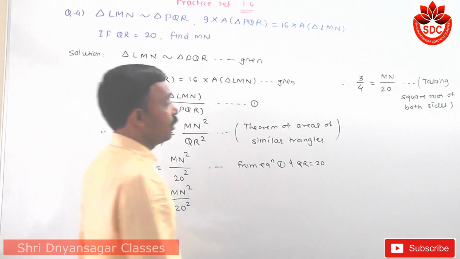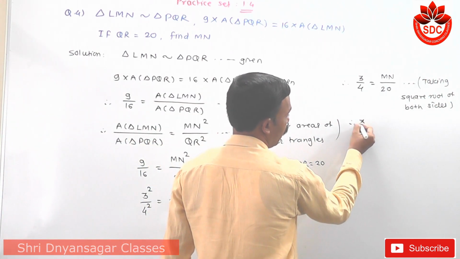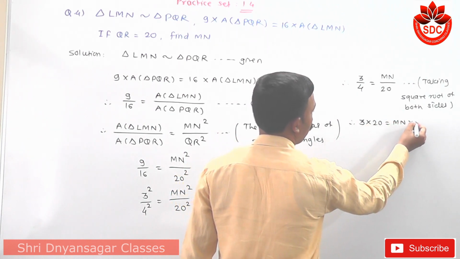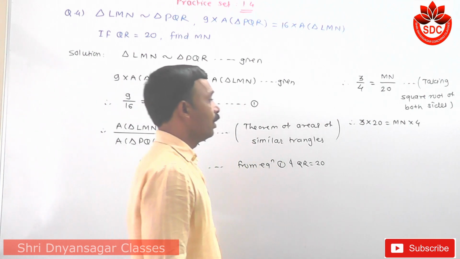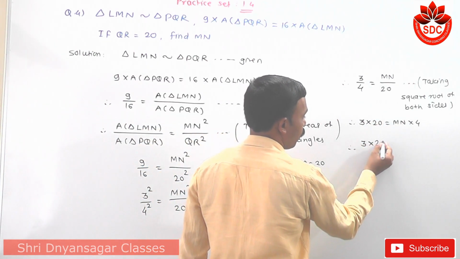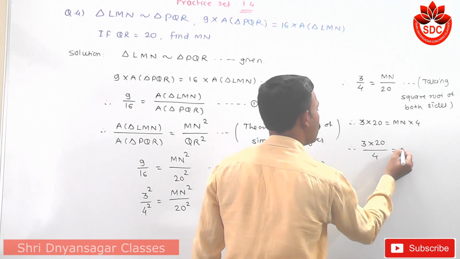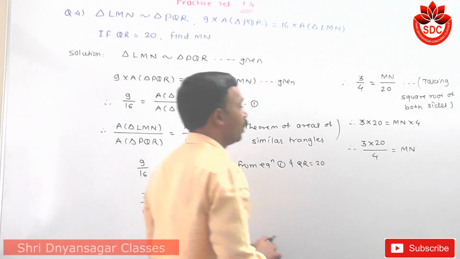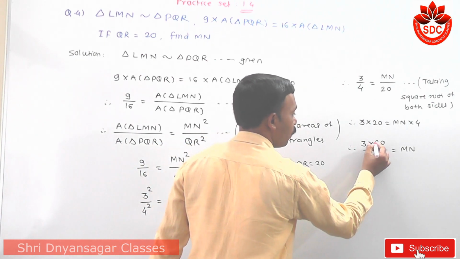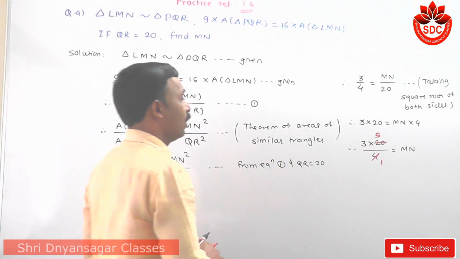Then by cross multiplication we get 3 into 20 is equal to MN into 4. Then this 4 goes to the other side. We get 3 into 20 upon 4 is equal to MN. Student, we can simplify using this 4. 4 ones are 4, 4 fives are 20.